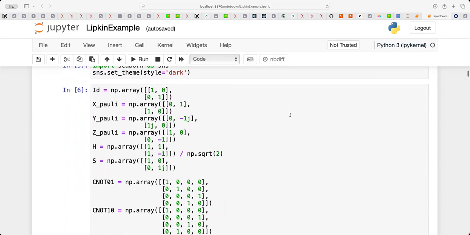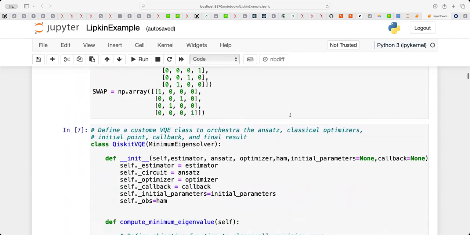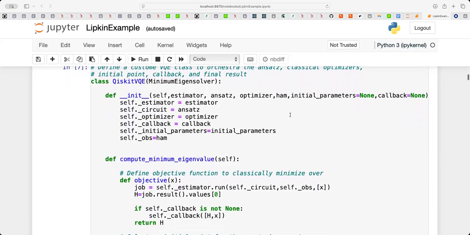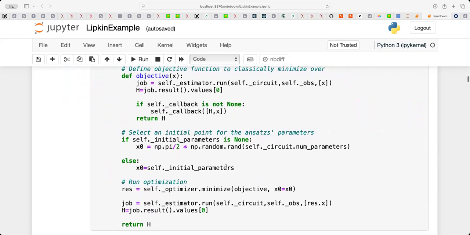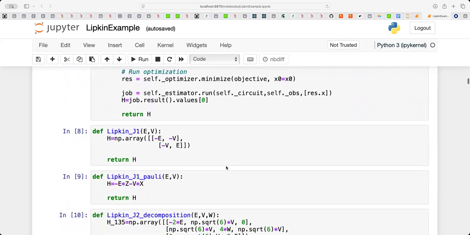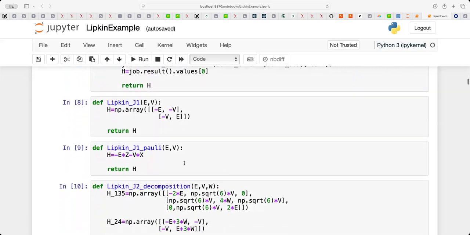But the example which you find here is an example where we now use Qiskit to compute the minimum eigenvalue. And in this specific case, we are actually partitioning the matrix. So I wanted to show you this one so you can see how you can implement what I put in the lecture notes here on the whiteboard.